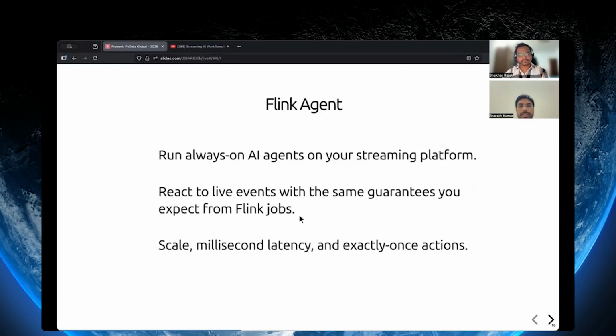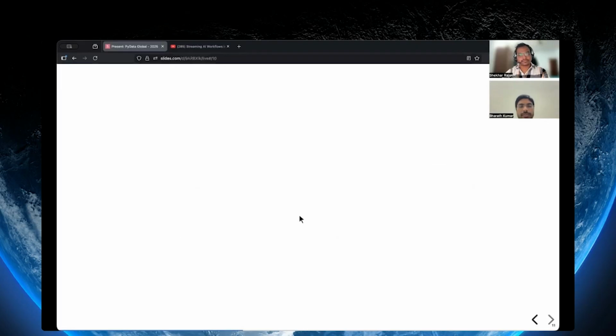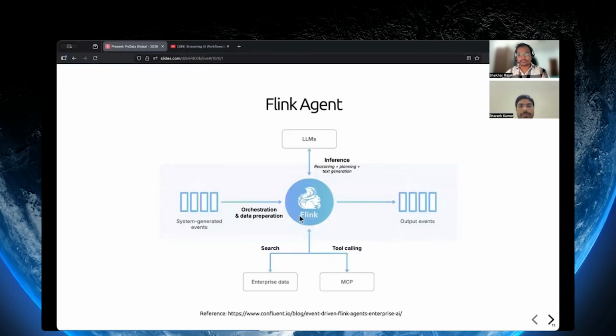They scale and have millisecond latency and exactly-once actions. They live in a topology, see every event instantly, maintain long-running context, reason, use tools, and act, all exactly once, and they scale horizontally.